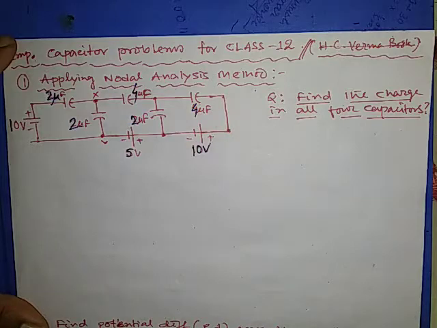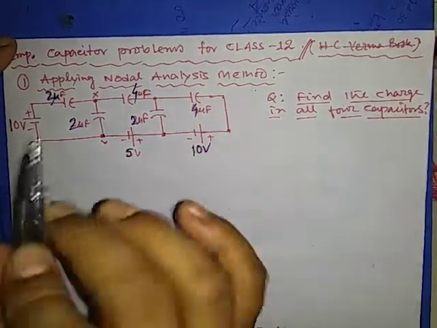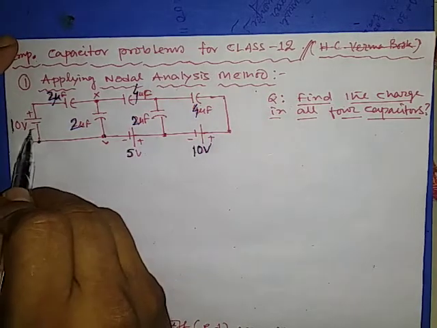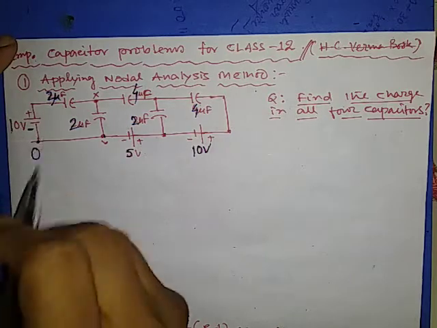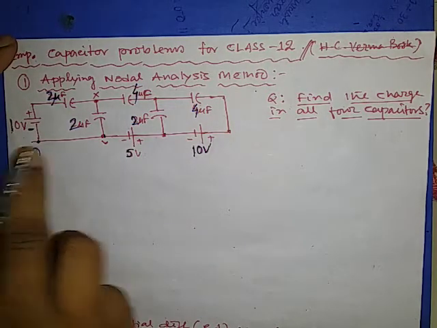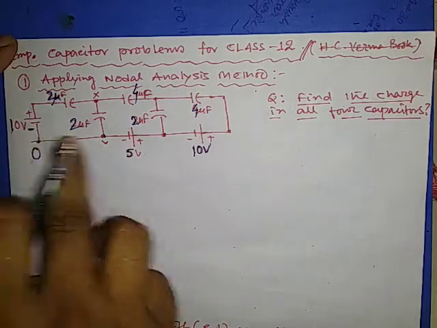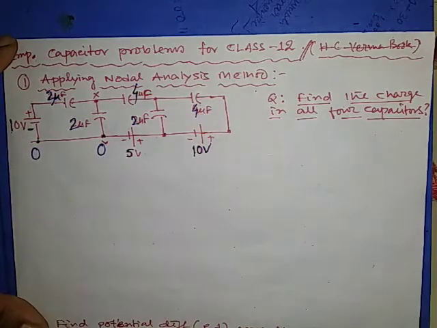So students, let's find out the potential at each point. See, there is 10 volt, and the negative sign means you can write 0 here, 0 volt, because at the negative terminal you can assume 0 potential. Here also the same, there is no capacitor attached, so you can also write 0 at this point.